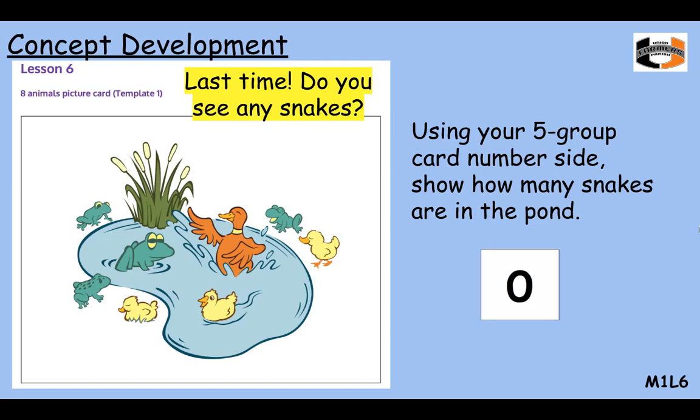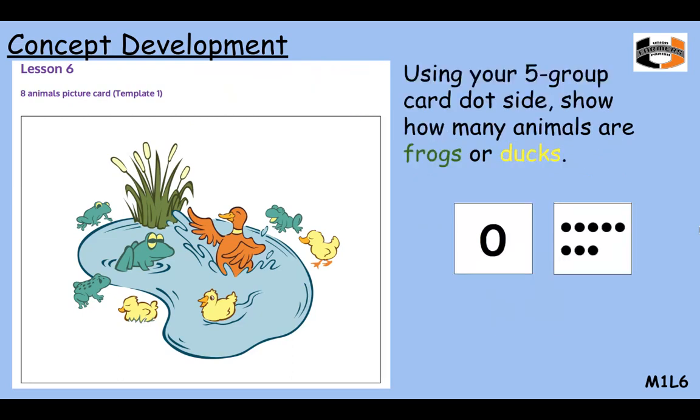That's right, there's no snakes to be found in or around the pond. Using your 5-group card dot side, show how many animals are frogs or ducks. So if we know there's 0 snakes, then there has to be 8 frogs or ducks.